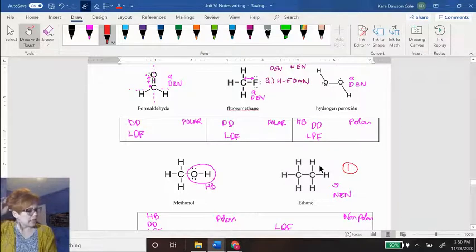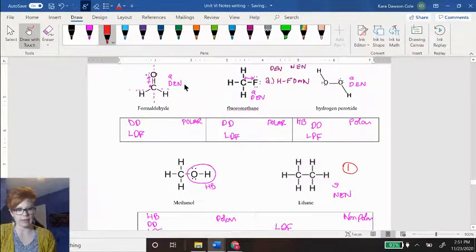And then we're going to look at, okay, I have polar, polar, polar. The other 4 compounds here are polar compounds. Now, I'm going to look for the ones that have the least number of intermolecular forces. A smaller number of intermolecular forces indicates a smaller melting point or boiling point.